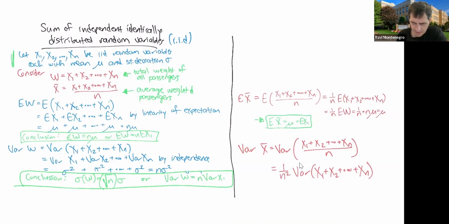And that was because of the formula that said the variance of alpha x was alpha squared variance x. So like I said, I'm glad that that was the answer given because maybe this will help people not make that mistake when there's an exam. So make sure that constants get squared when you take them outside. So we have 1 over n squared.